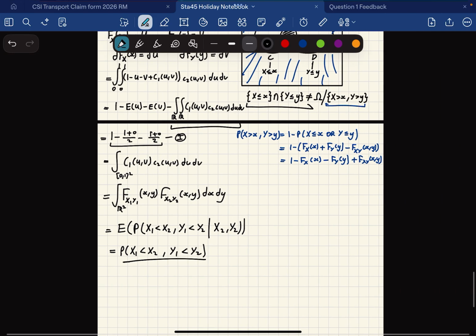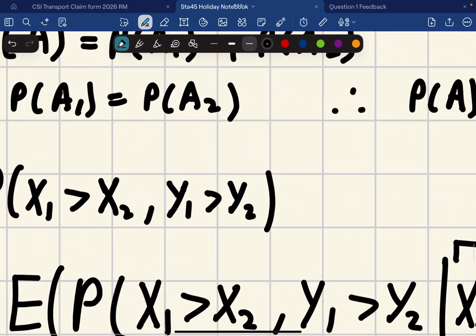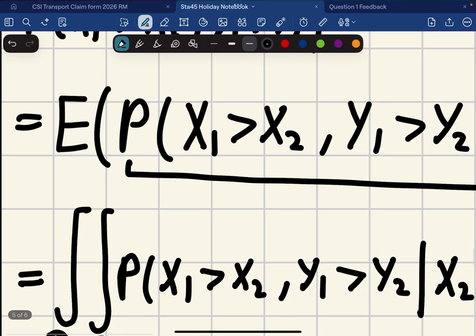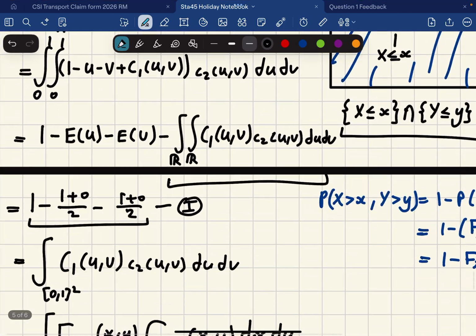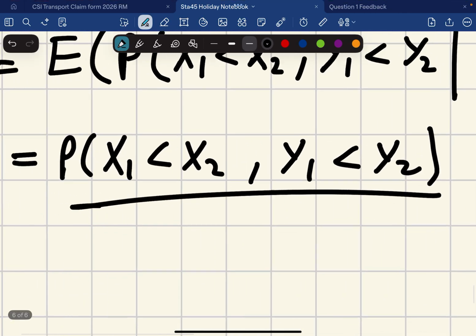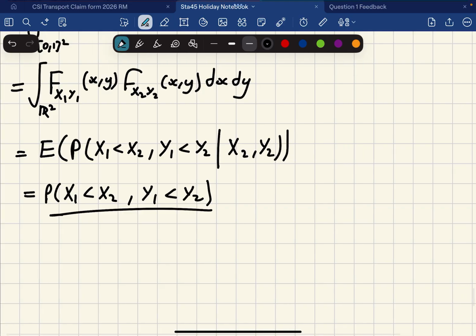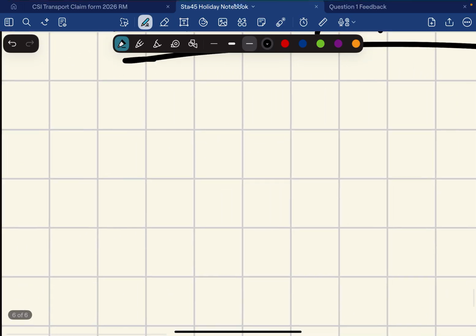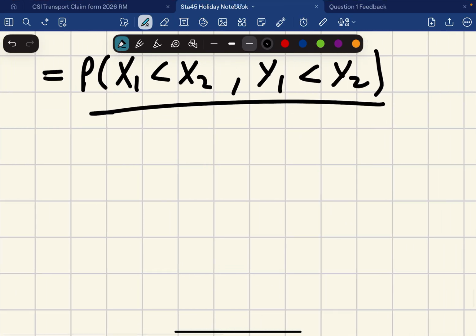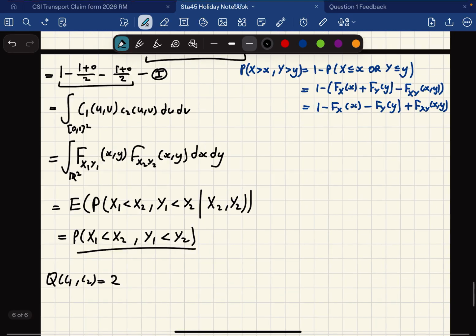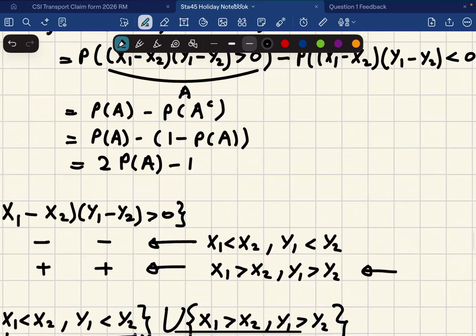So I've shown that this guy, see the signs are flipped, and that guy are equal. And then that means I can move forward to say that Q(C1, C2) will just be the two. Remember, we had this initially, right?